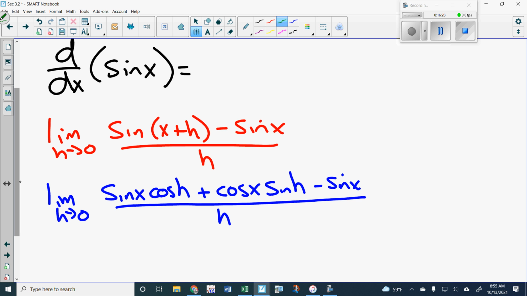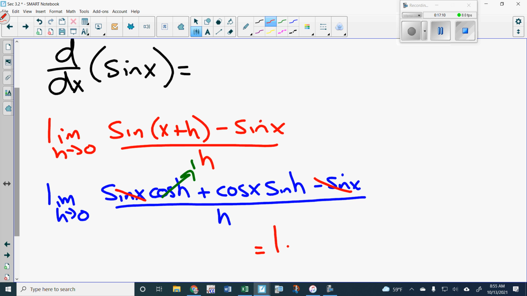Now, as h goes to 0, what happens to cosine of h? Cosine of 0, where does cosine start? 1. So this goes to 1, and you get sine of x minus sine of x, which cancels.